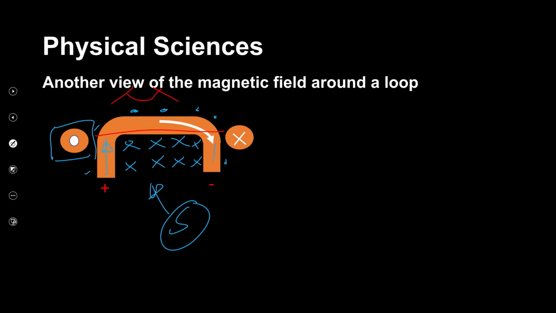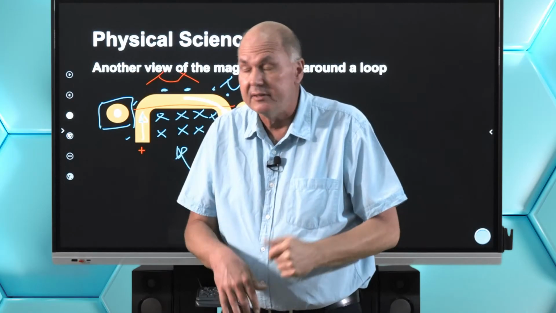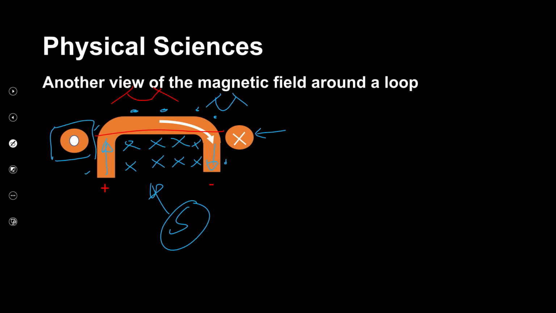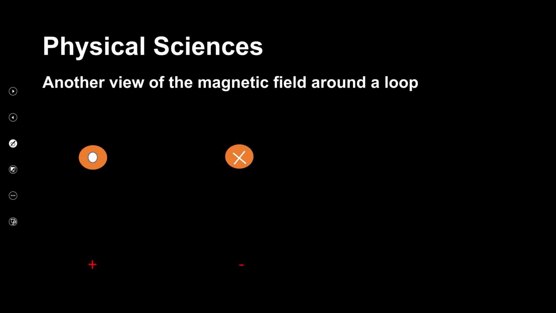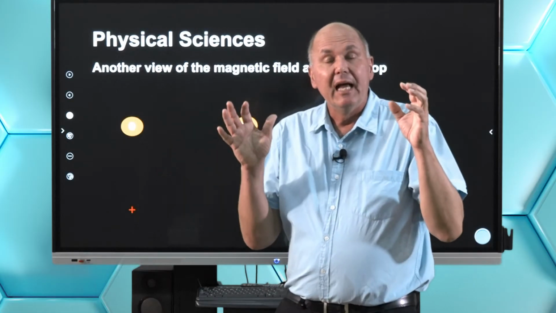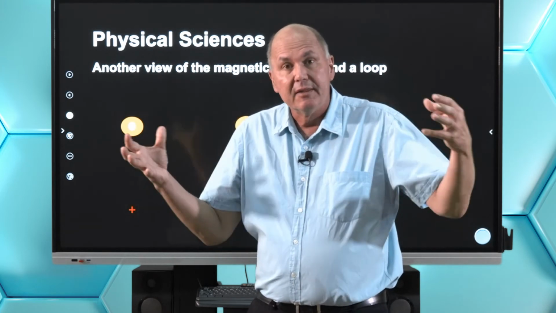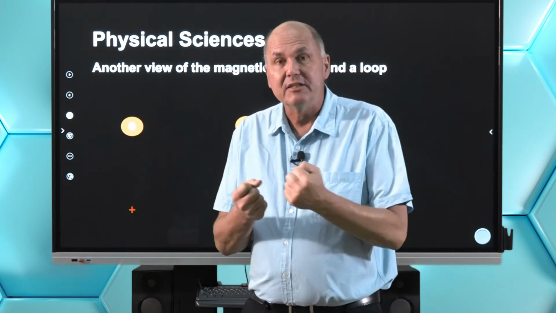But over here, the current is moving down, into the surface. We're looking down on it, and that's why we'd have it as a cross. So take away the middle bit, and we have our dot and cross. And this is just another view of the magnetic field around this loop, this conducting wire.